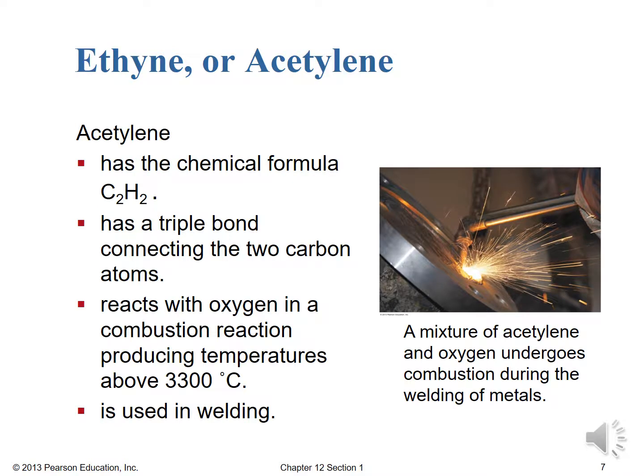All right, so hopefully you noticed in the previous slide that we had ethyne visible, that chemical structure of C2H2. It's also known as acetylene, and this time you're going to see acetylene a lot more, the common name, unfortunately, a lot more than the IUPAC name. Ethyne obviously tells us it's an alkyne if you catch on to those endings, whereas acetylene doesn't.